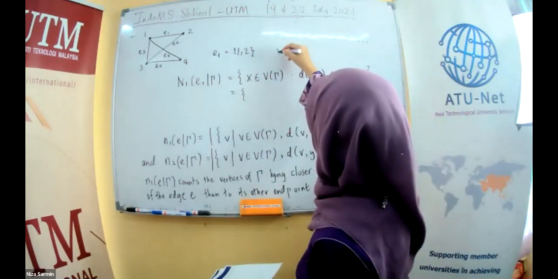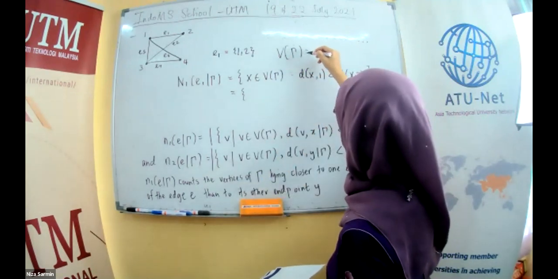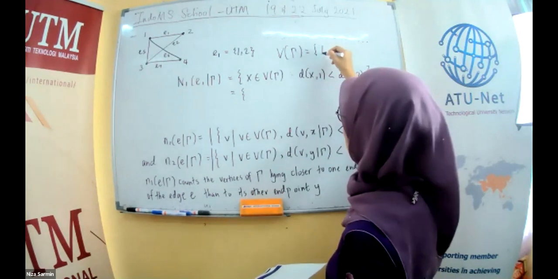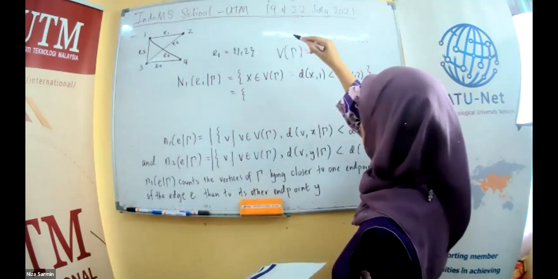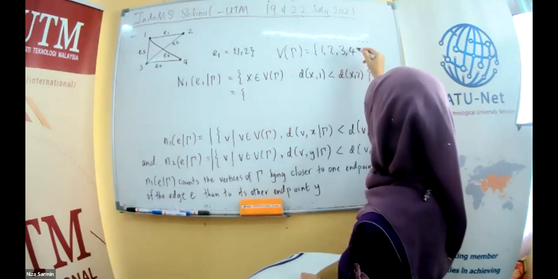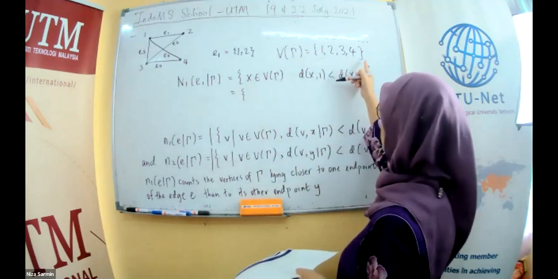So Ketua kelas Nidia, what is your set of vertices? The vertices, yeah, all the vertices. 1, 2, 3, and 4. Okay. So you know that this will be 1.